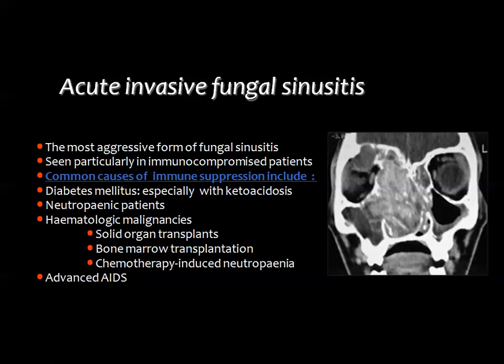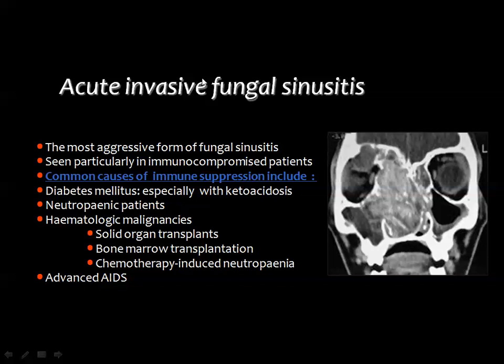Now, invasive sinusitis. You know that we have three types of fungal sinusitis: allergic fungal sinusitis, the fungal ball, and the invasive fungal sinusitis, which is known by its destructive capability of the adjacent bony margins.